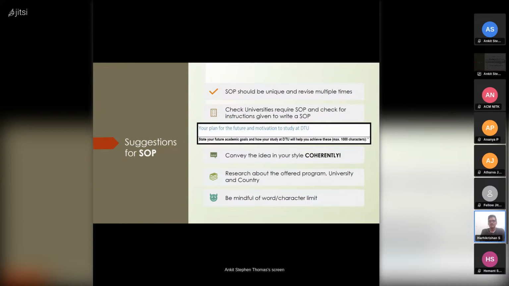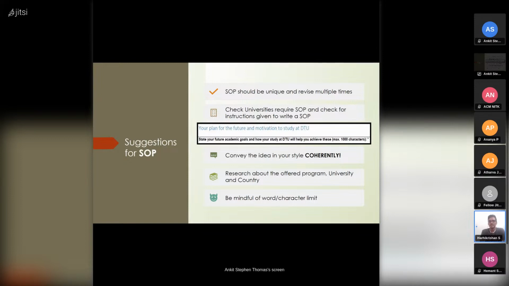Give as much time as you can. If you give 2 months of your time for the SOP, then you will have a lot of time to revise it. As you revise multiple times, you will be able to improve your SOP itself. That will be an advantage for you. And then check for universities which require an SOP.